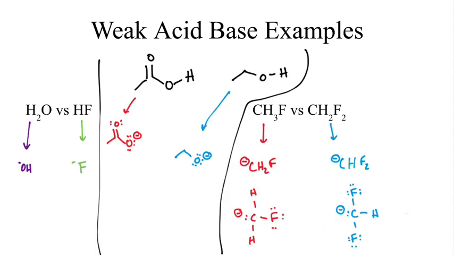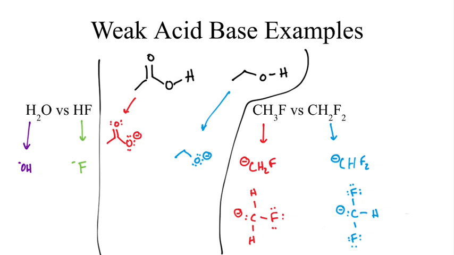I know it stinks, but we're going to go ahead and talk through them. If we talk with the H2O and HF, we remove a hydrogen, we get OH minus and F minus. So we start with charge. What's the charge on our oxygen? Negative. Charge on our fluorine? Negative. Now what's the next thing? Size. Oxygen versus fluorine. Is there a difference in size? There's not a significant one, which means move to the next thing.